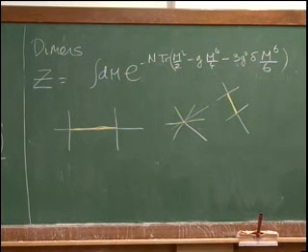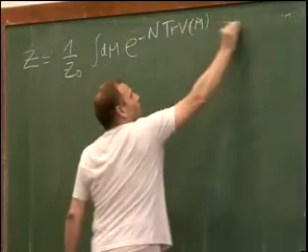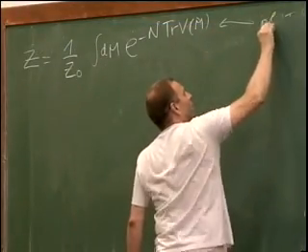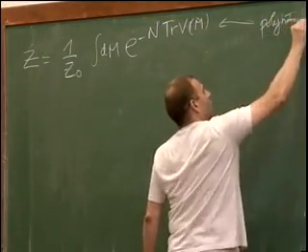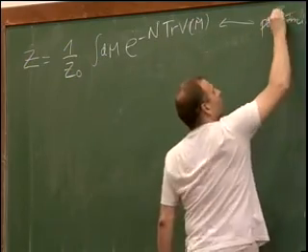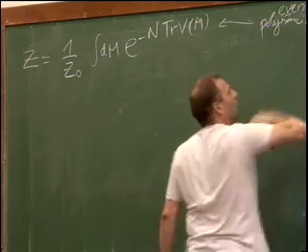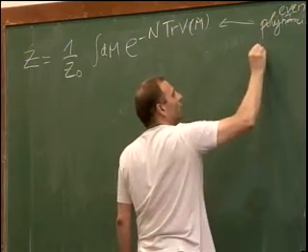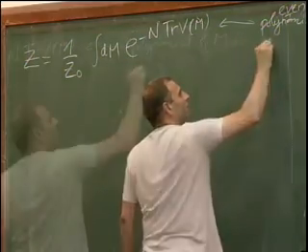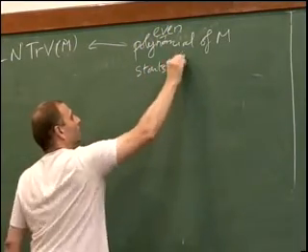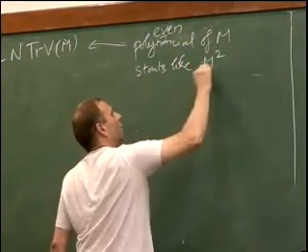We want to compute actually something like 1 over z0 integral dm e to the minus n, let's say trace v of m, where v of m is a polynomial, even, that will be enough, an even polynomial of m, and with valuation 2 if you want, so it starts like m squared over 2.